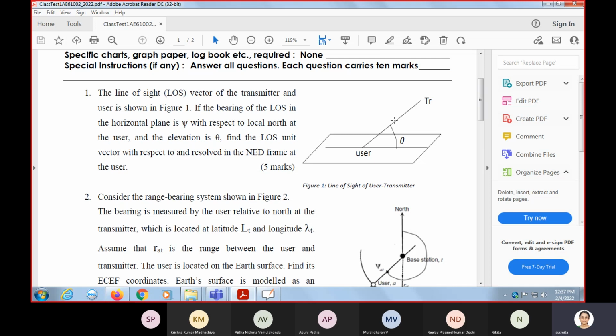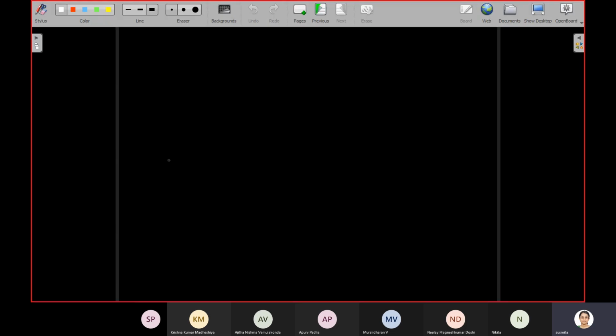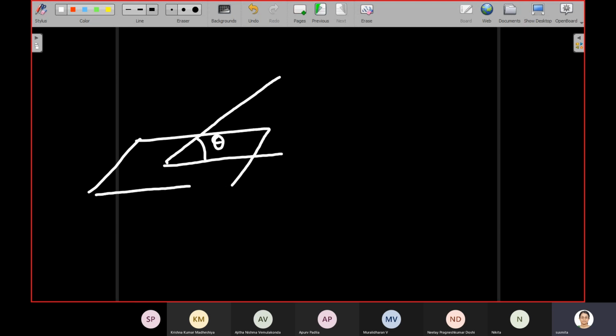Azimuth and bearing and elevation are given. So bearing is with respect to the local north at the user. This is elevation. And this is the horizontal plane passing through the user.